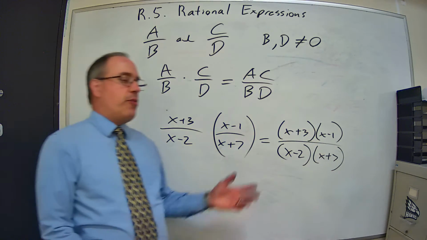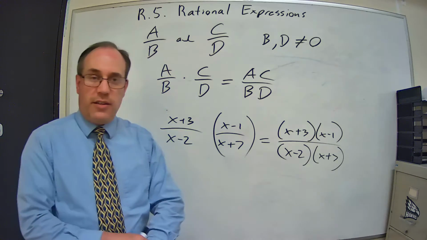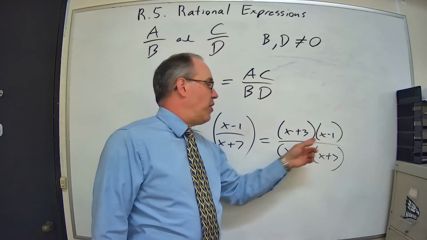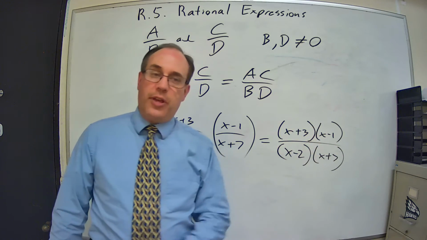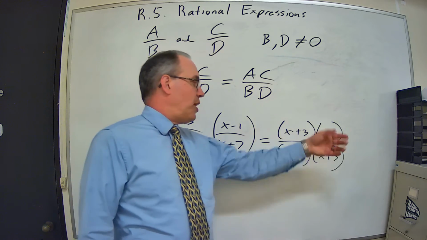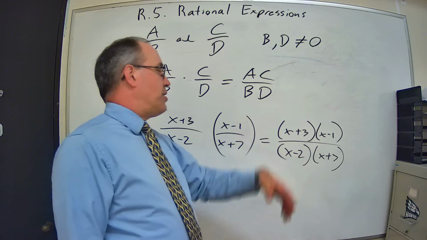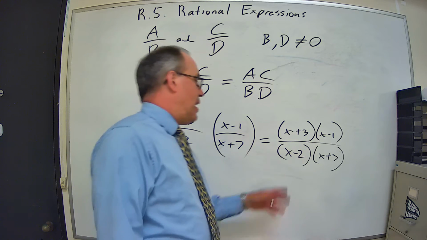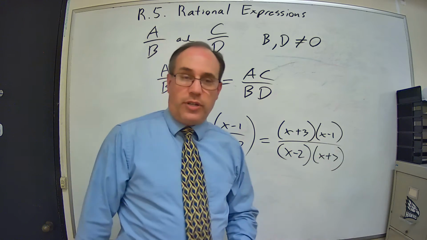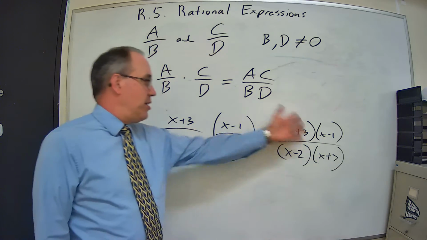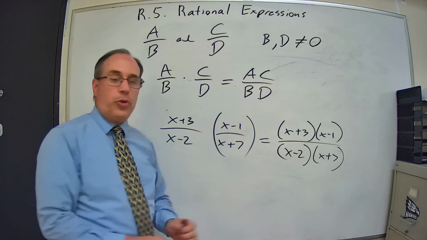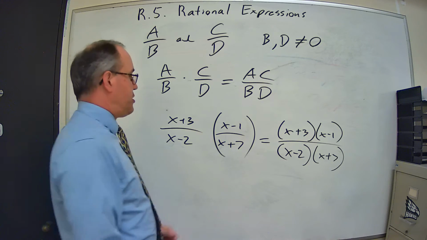And yes, if we were actually doing the multiplication, we would then want to FOIL the numerator and FOIL the denominator after we've simplified. There's nothing we can simplify here, so we would multiply that through and get x squared plus 2x minus 3 and x squared plus 5x minus 14. So we would do that if we were going that far, but we're just showing how the multiplication works.